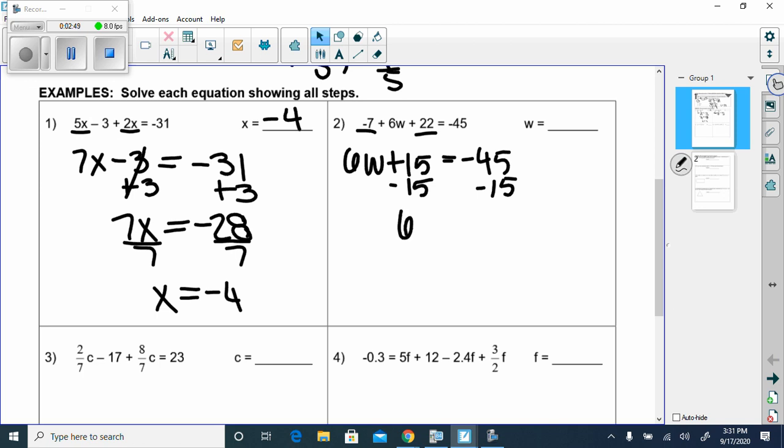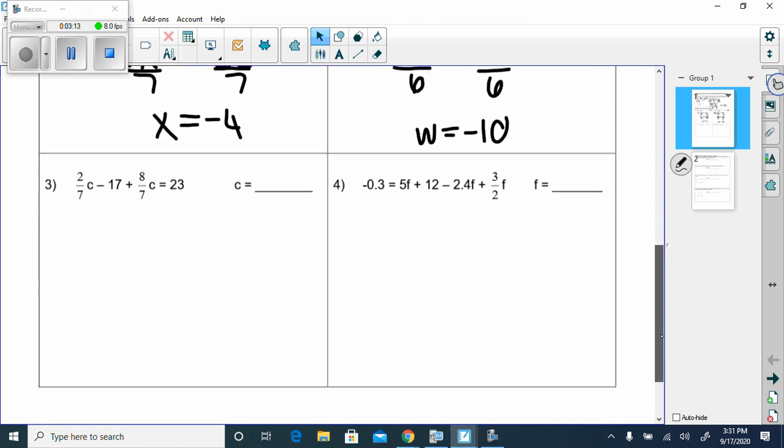And so now I have 6w equals, awesome. And my last step. Great. So, all right.